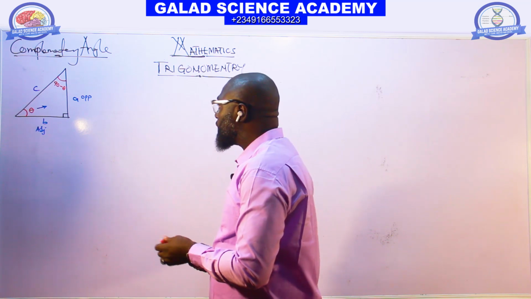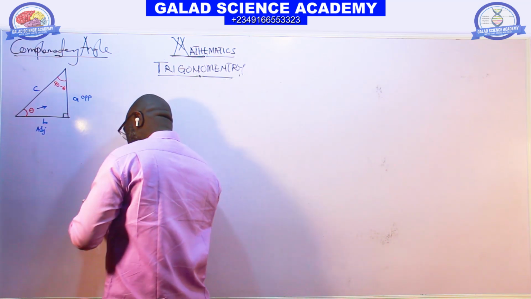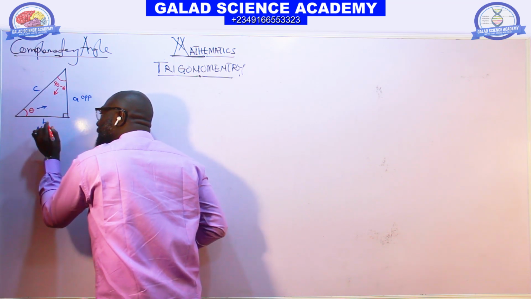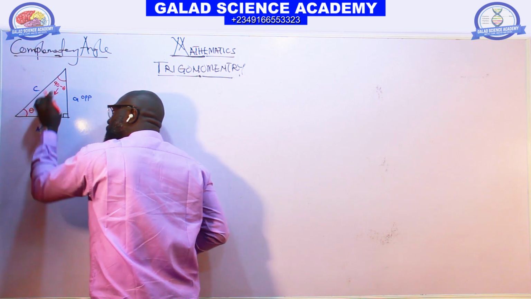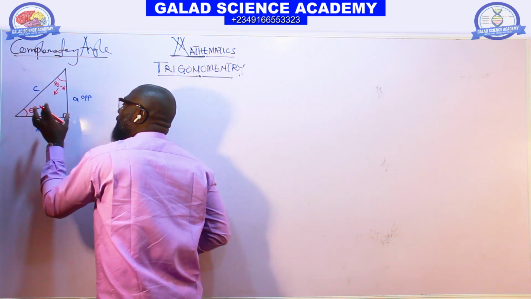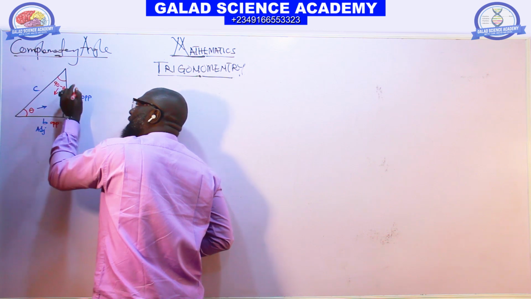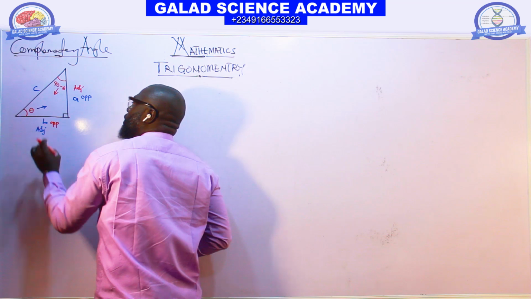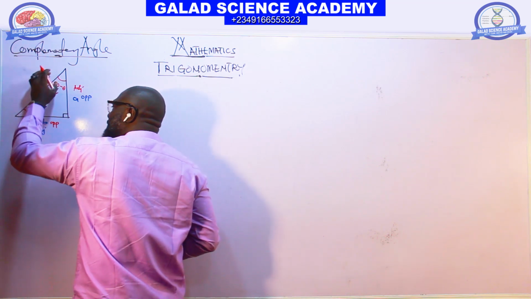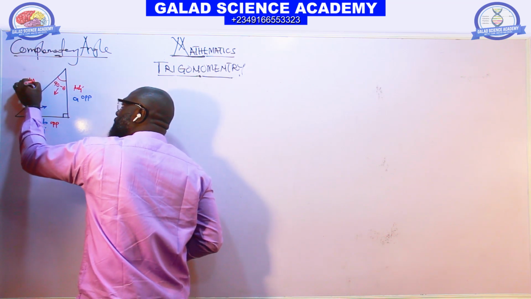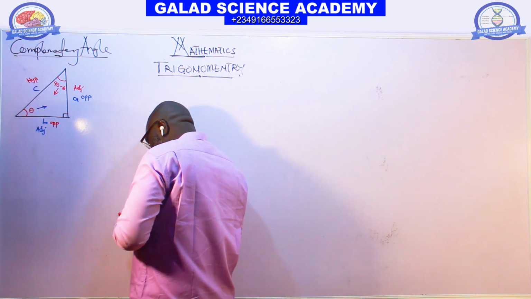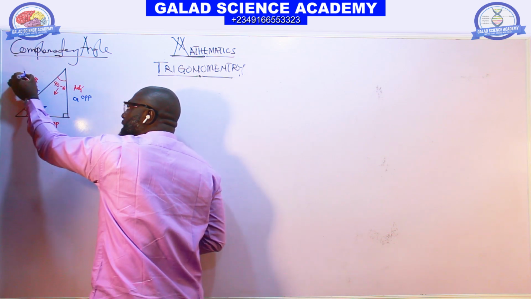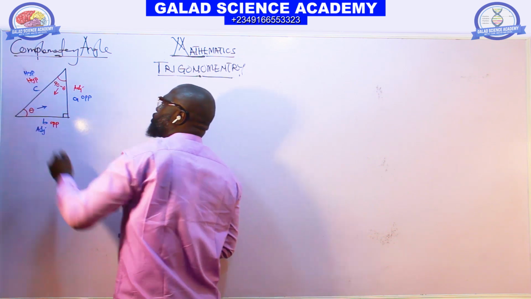But for this other angle, this B is opposite and this A serves as adjacent. And this C still remains the hypotenuse for the two angles.